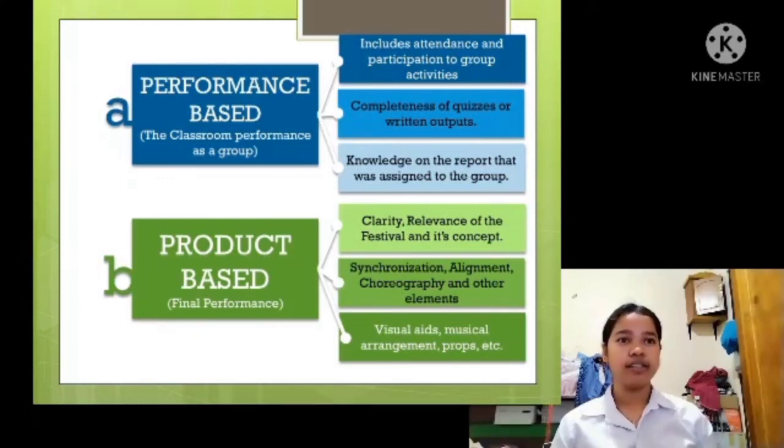We can also assess the product-based or final performance, which includes the clarity and relevance of the festival to its concept, and synchronization, alignment, choreography, and other elements. And last, we can assess learning through the visual aids, musical arrangement, props, and so on.